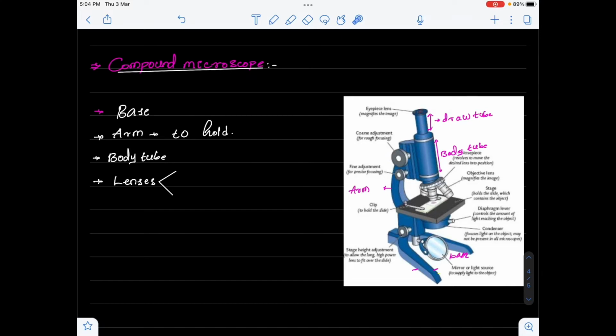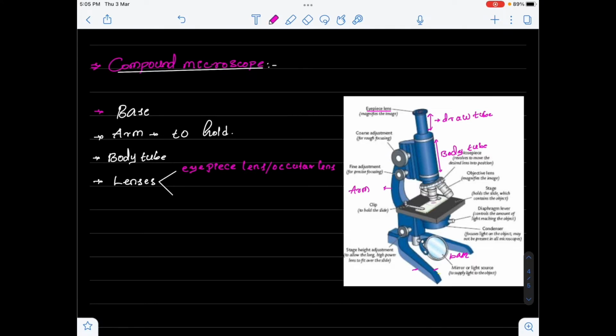This one is the eyepiece lens, which is also called the ocular lens, through which we see the object which is placed on the stage, where we have already prepared a temporary slide.